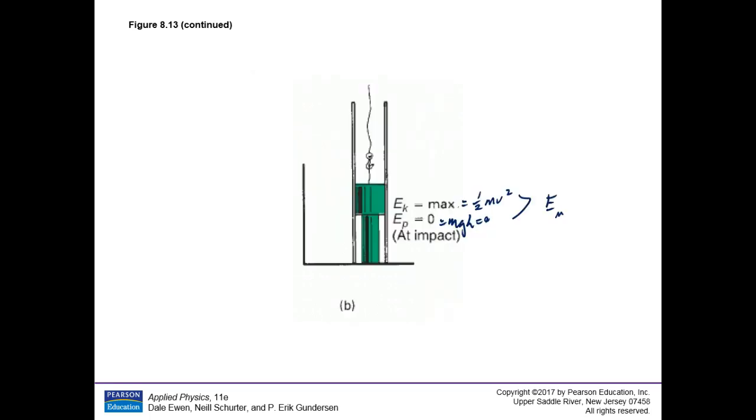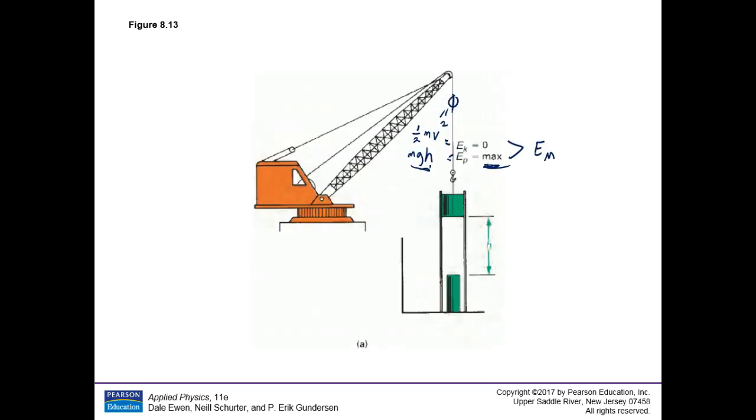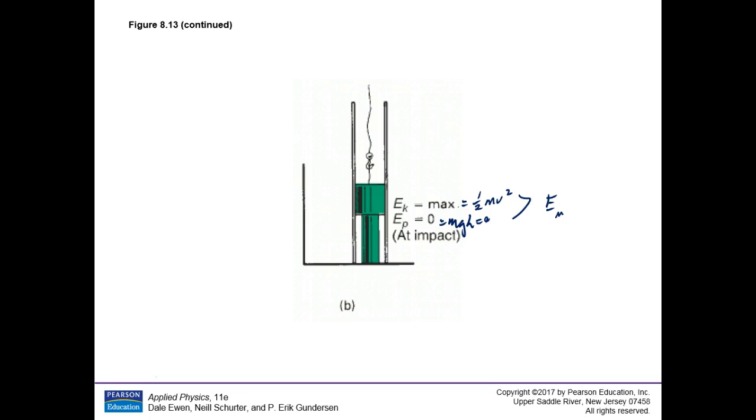Down here, the potential energy is 0 because your h is 0. See, the h was up here, and now the h is 0 because it's not above the thing. So now your maximum kinetic energy, 0 potential energy. In the first case, it was 0 kinetic energy, maximum potential energy. And because this is E sub m at the top and E sub m at the bottom is down here, and the mechanical energy is conserved, they must be the same.